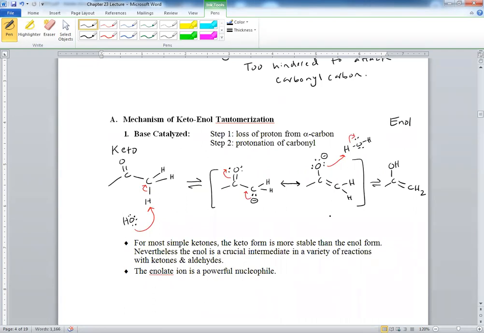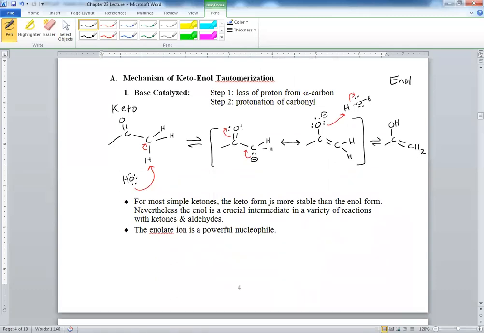Now, we say that for simple ketones, the keto form is more stable, as we explained before, than the enol form. Nevertheless, the enol is a crucial intermediate in a variety of reactions with ketones and aldehydes. The reason we need the starting material, or at least one of the materials, as an enol is because you can form a carbon-carbon bond.